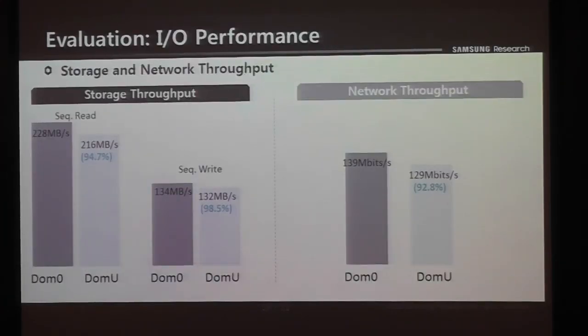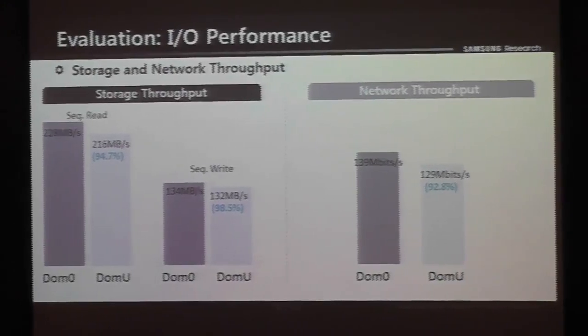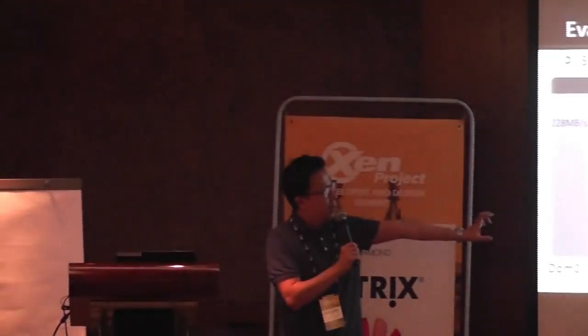For automotive virtualization, we measured performance of the storage device and network device, and we got 95% of non-zero performance and 98% of non-zero performance for sequential read and sequential write storage throughput. And for the network throughput, we got 93% of non-zero performance.